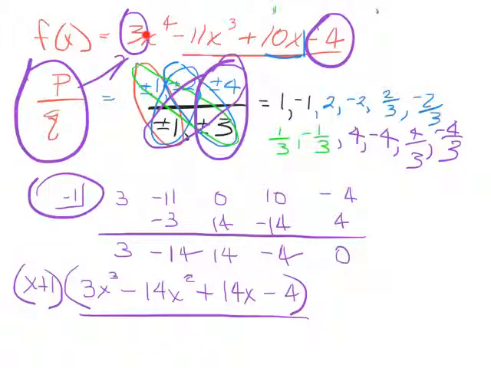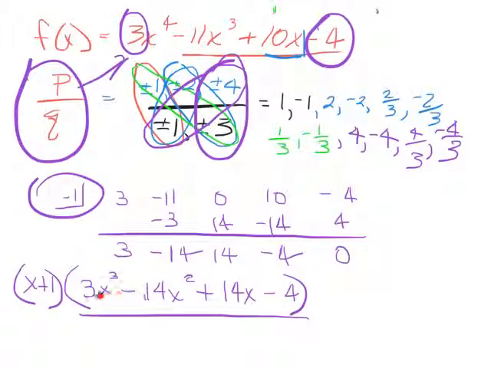So I don't have to go back and do synthetic division on the original anymore. I can do synthetic division on this one, because my exponents are smaller, which means it's going to work out easier for me. So when you find a factor, start doing the synthetic division on this here.